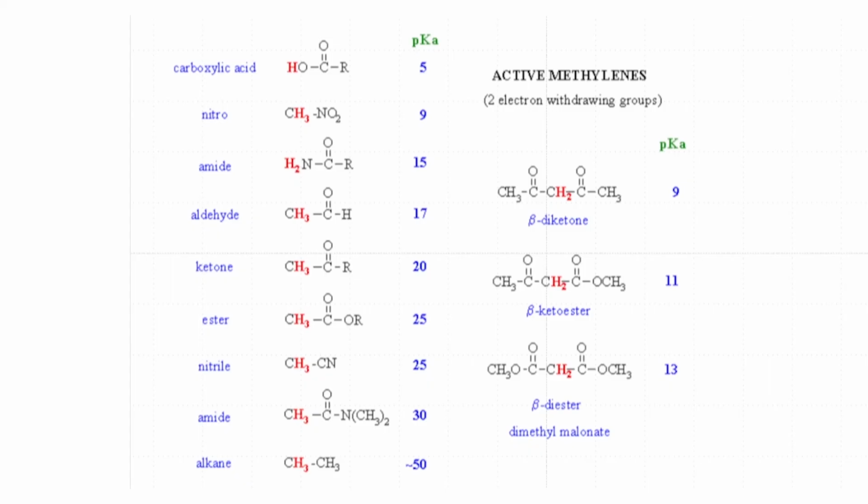If you see here, this is a diketone and the pKa value is about 9. If I take a monoketone, that is just a simple ketone, the value is around 20. So there's a substantial lowering of pKa values and increase in acidity. As you can see in this table, there are a couple of other examples where you have a ketoester and a diester. These are things that we will look at in more detail shortly.